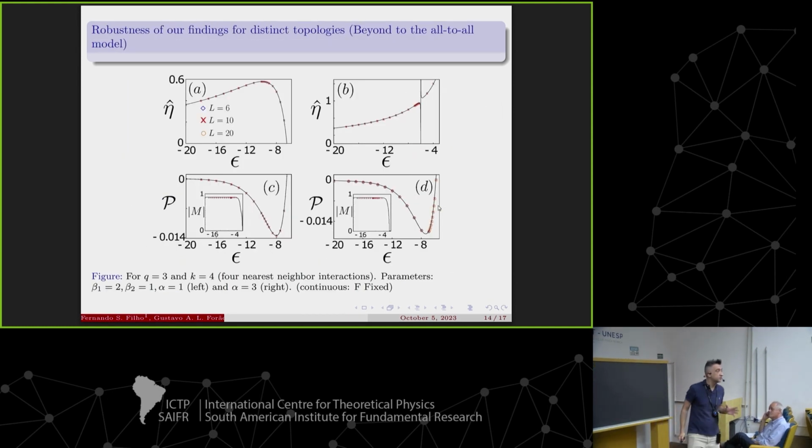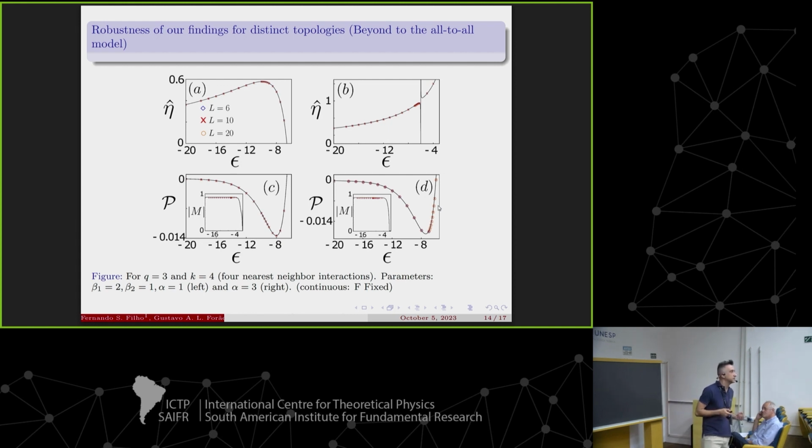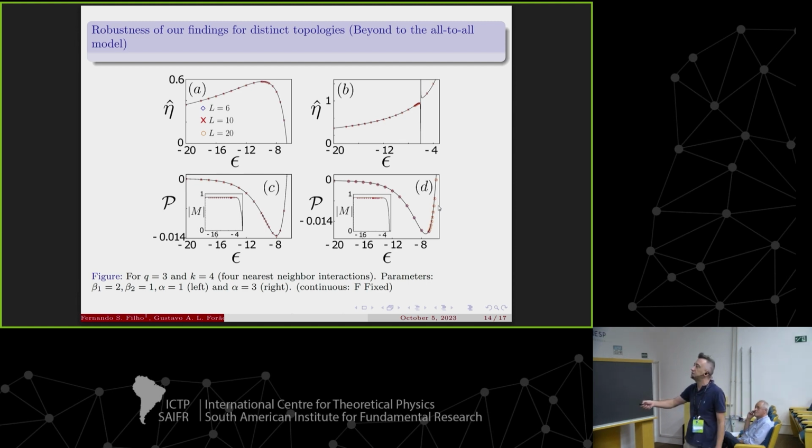Okay, these results were obtained from a mean field model, all-to-all interactions. How are things beyond the mean field? In order to answer this, I consider, instead of all-to-all, that the units now form a regular arrangement, something like a square lattice.